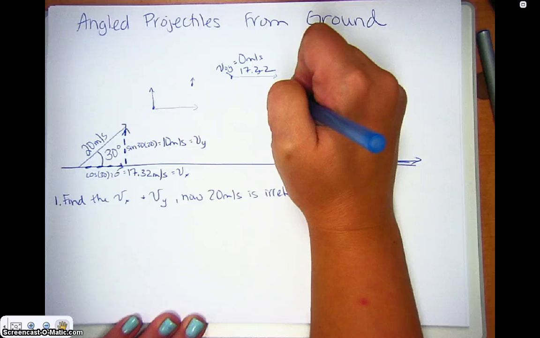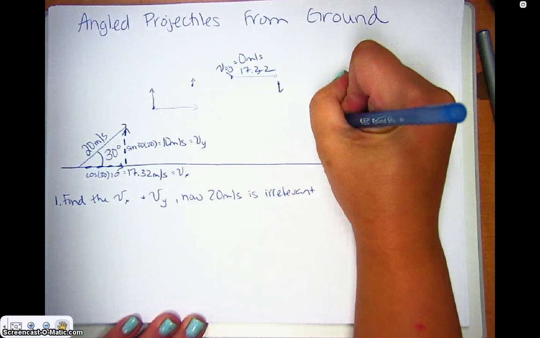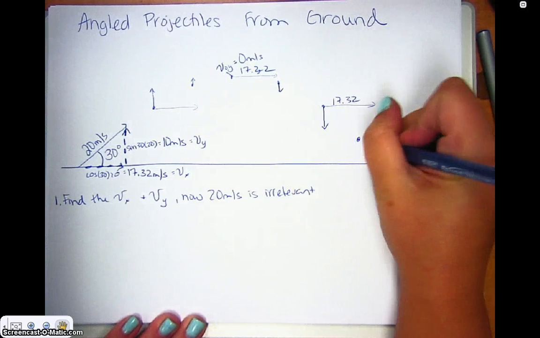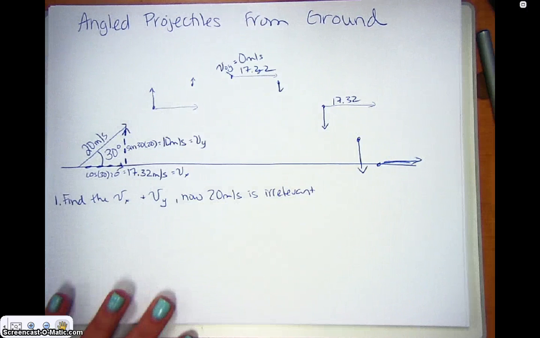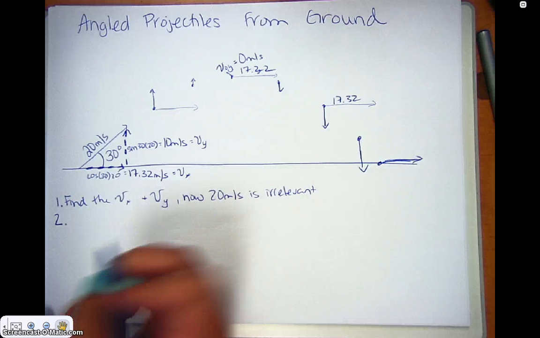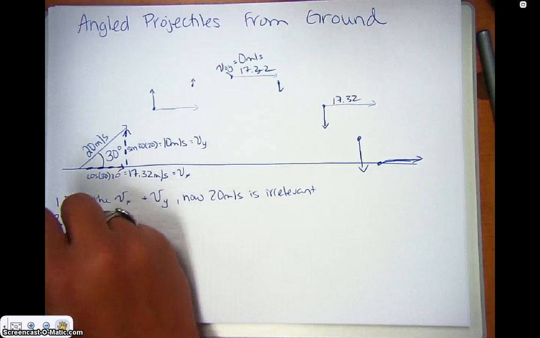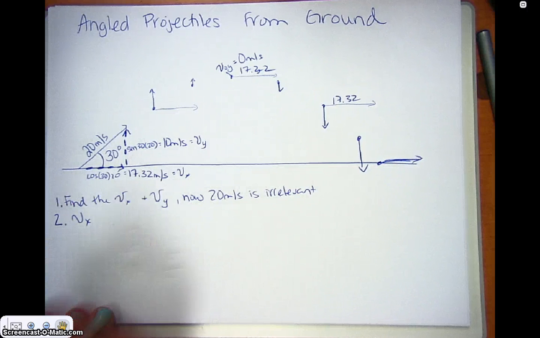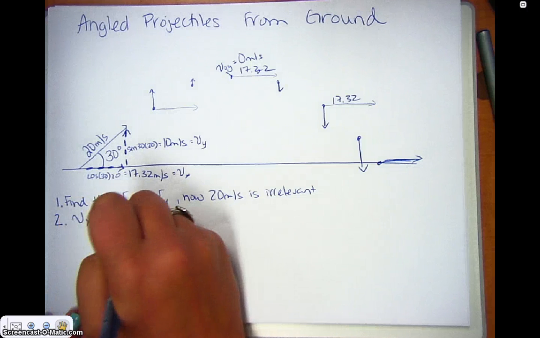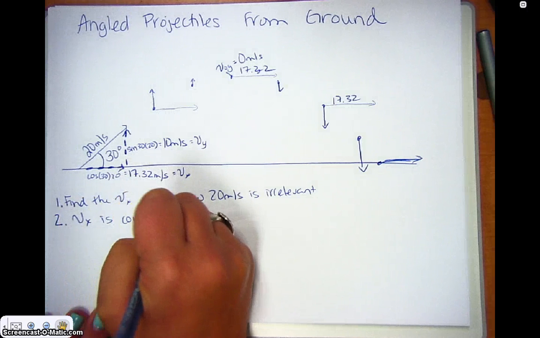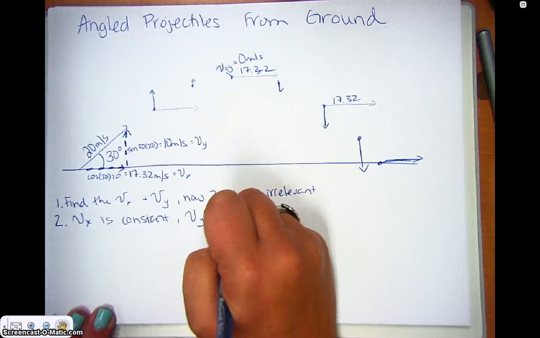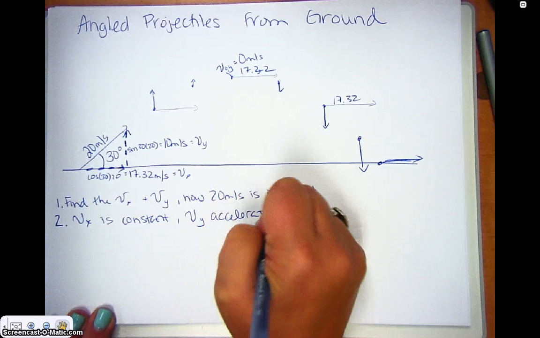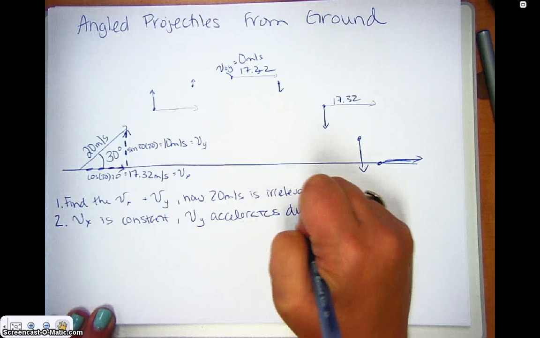And then it starts to get bigger in the negative direction, all the way down here. So the velocity in the x direction is constant, and the velocity in the y direction accelerates due to gravity.